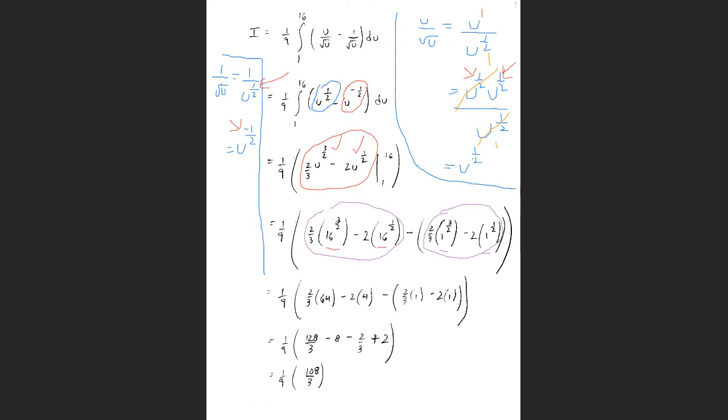And if you work that out, you have to be a little bit careful, but you're going to get 1/9 times 108 over 3. I'm sure most of you have seen the TI-83 or 84 calculator.